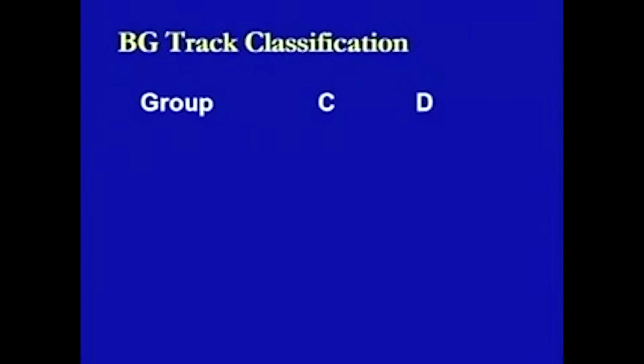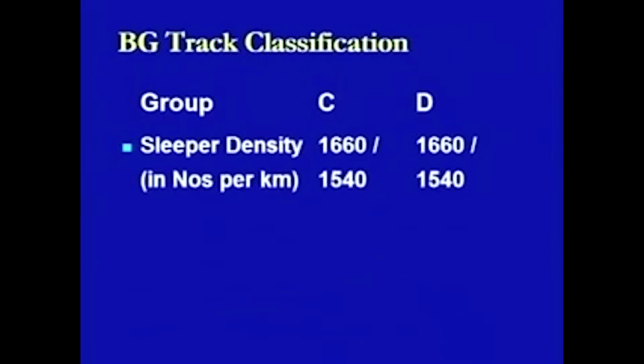Again, coming back to C and D category of the broad gauge track classifications, we are looking back on the same aspects or the specifications which we have seen for A and B categories in the previous slide.